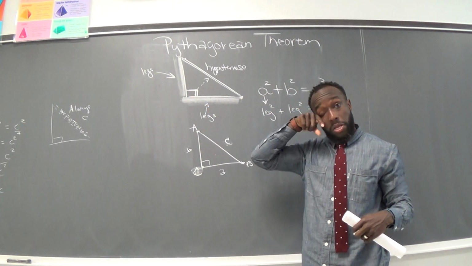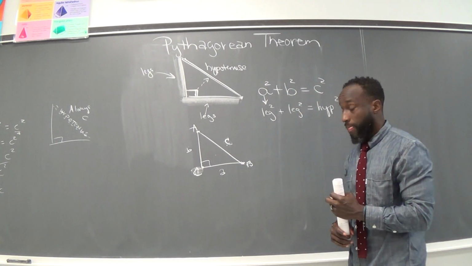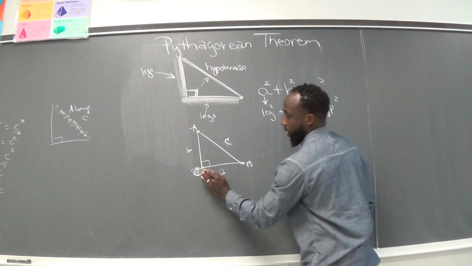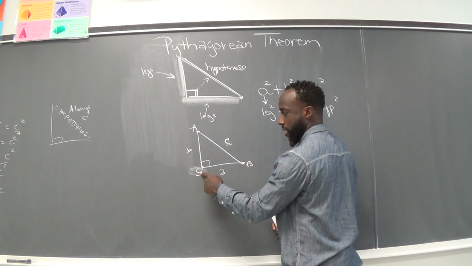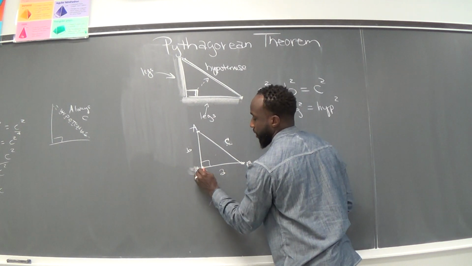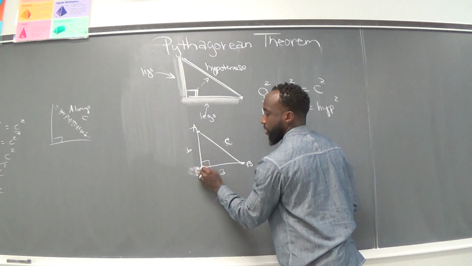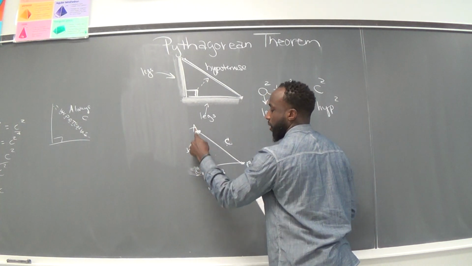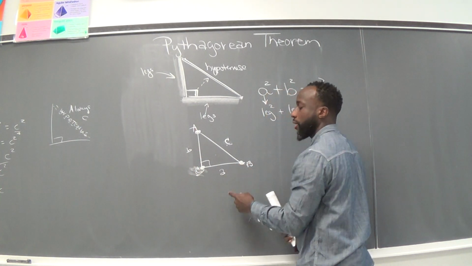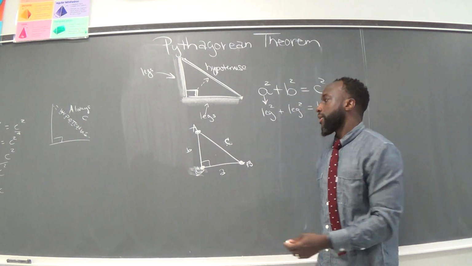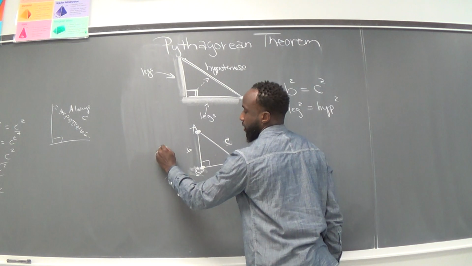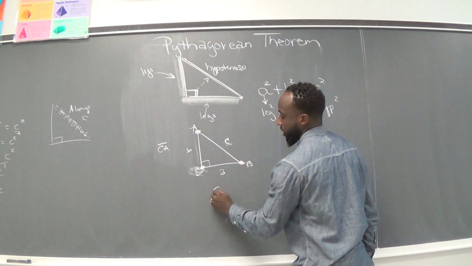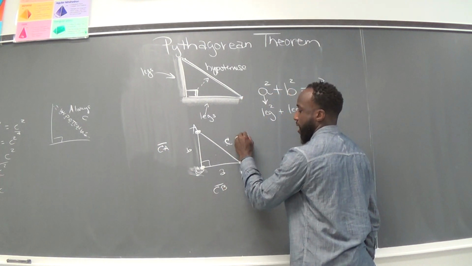Yes, sir? At the bottom, the A to the C is the line, right? A to the C, this right here? No, this is the name of this point here. And this is the name of this point. And this is the name of this point. So when you get ready for geometry, this would be side CA, this would be side CB, and this is side AB.